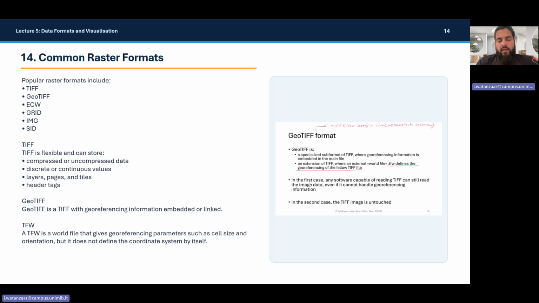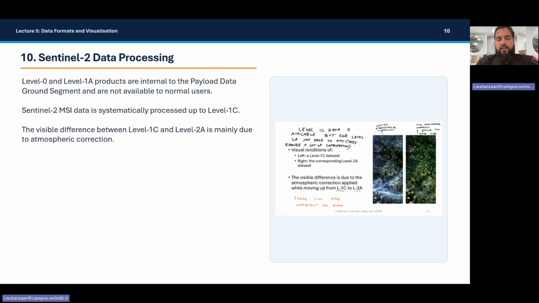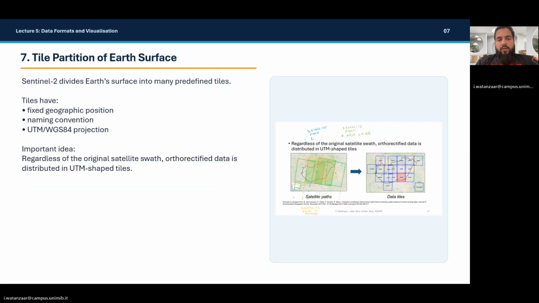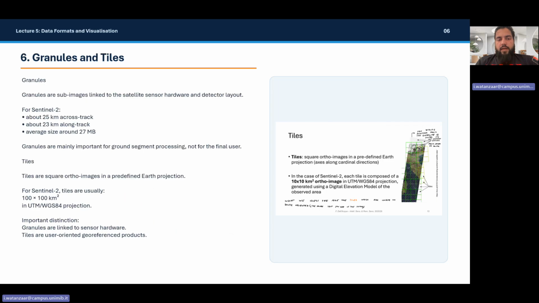Now the interesting and important format is GeoTIFF. If you remember, we discussed that GeoTIFF is a TIFF with georeferencing information embedded or linked. When we were discussing tiles and granules, we discussed that the tiles are user-oriented georeferenced products.